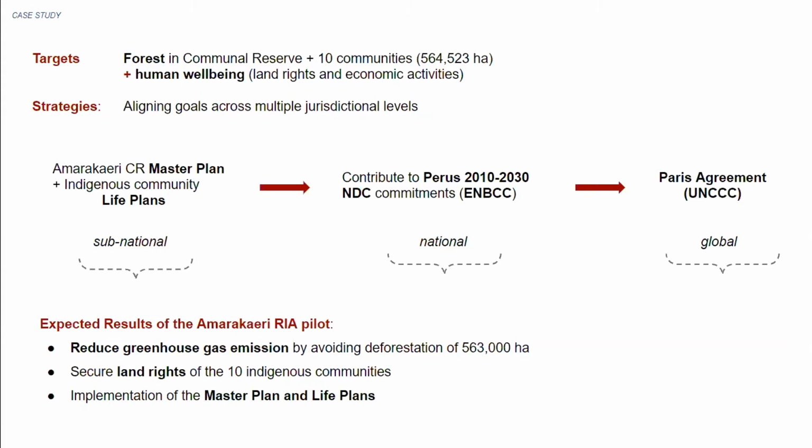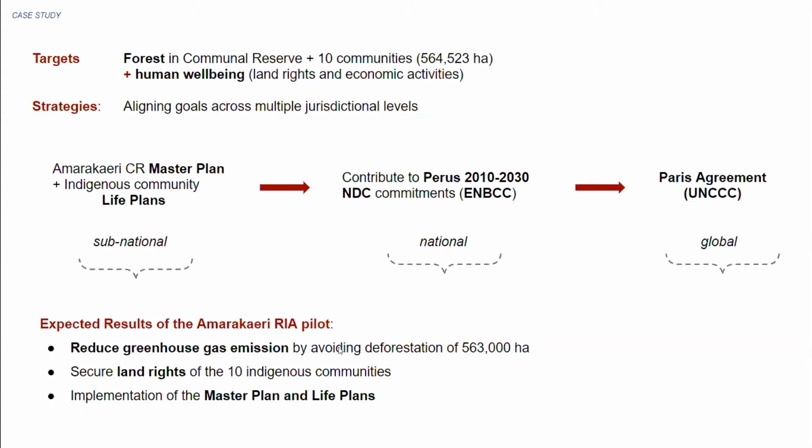So by implementing these master plans and life plans, they're contributing towards Peru's nationally determined contribution commitments that are in Peru's national strategy on forests and climate change. And then this, with a bunch of other data and indicators, contributes towards the Paris Agreement, the UNFCCC.